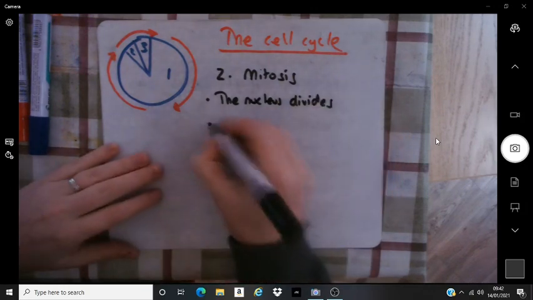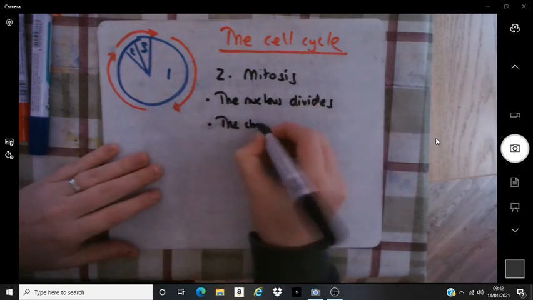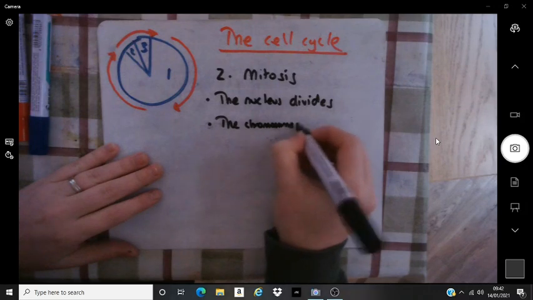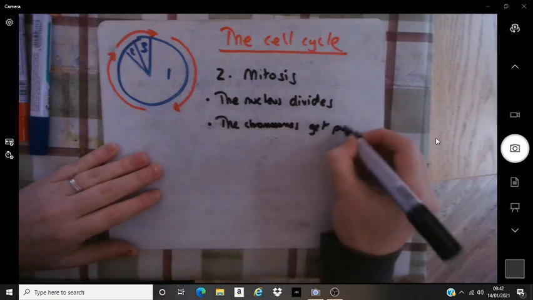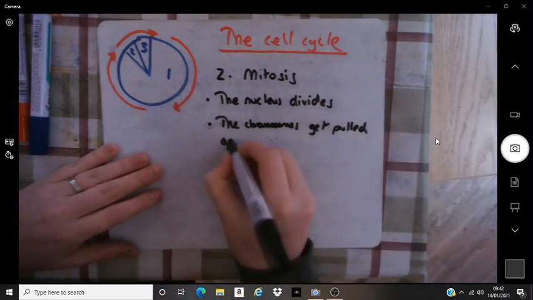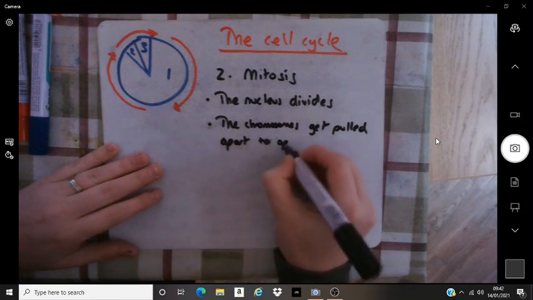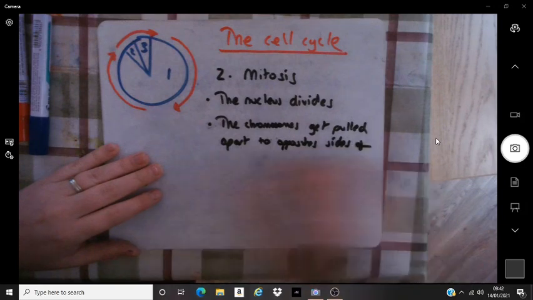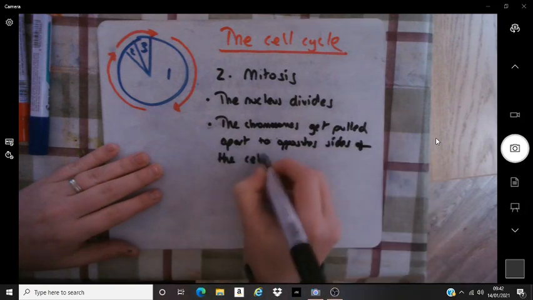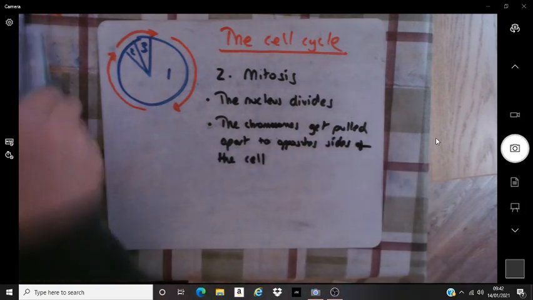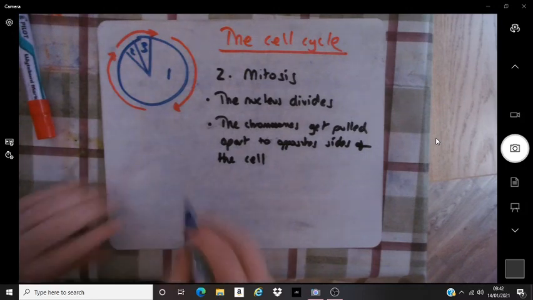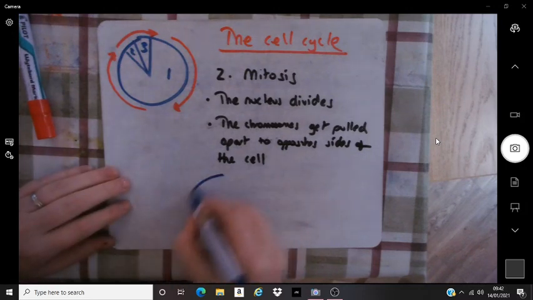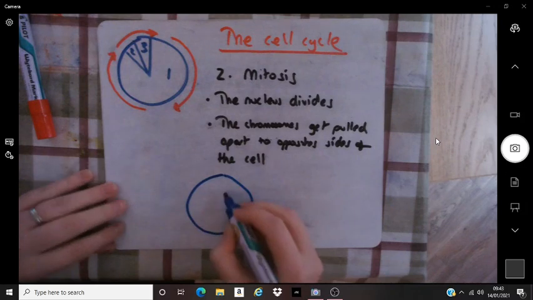And how it does that is that the chromosomes in the centre of the nucleus get pulled apart to opposite sides of the cell. So if I try and draw a cell here, so the nucleus.